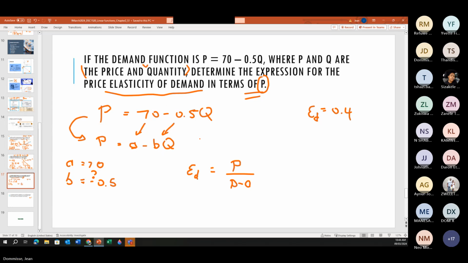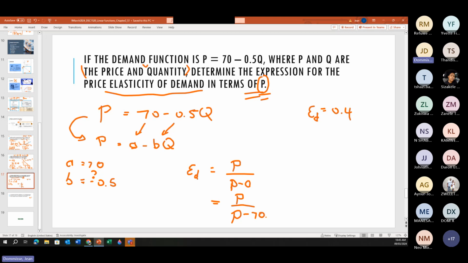So what we will end up with here is, they want it in terms of P, so we're not going to put this formula in there. We keep P there because we want it in terms of P. The only thing that will change is that we're going to replace the A by the 70.